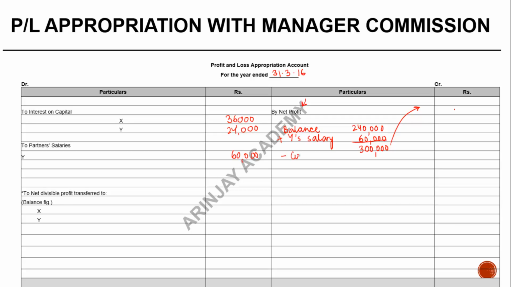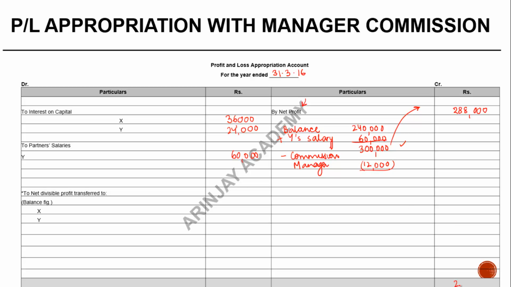Less commission of the manager, which is 12,000. The reason I'm reducing this is, if you were asked to prepare the profit and loss account, you should have shown 3 lakh as the balance there, reduced this commission, and then the net difference, which is 2,88,000, should have been carried forward to the profit and loss appropriation account. In this case, we have just shown this as a working because we are not asked to prepare the profit and loss account.